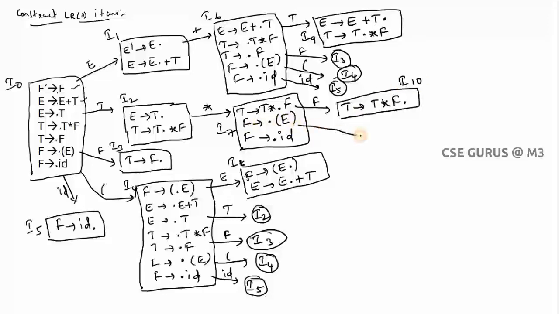Now here you can see what you need to scan next. Open brace. If I scan open brace, we know F tends to open brace dot E. Dot E means E productions. E productions means T. Again you will get I4. So whenever you want to scan open brace, you will get I4, and whenever you want to scan ID, you will get I5.